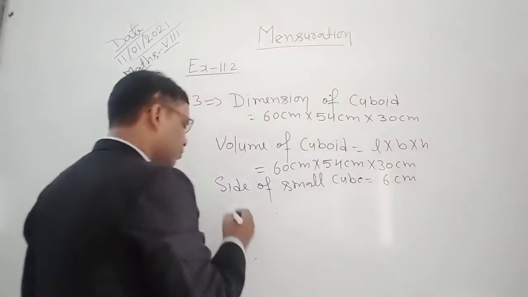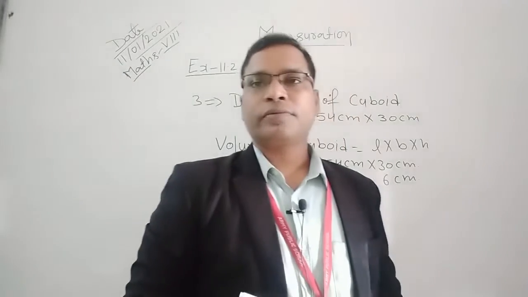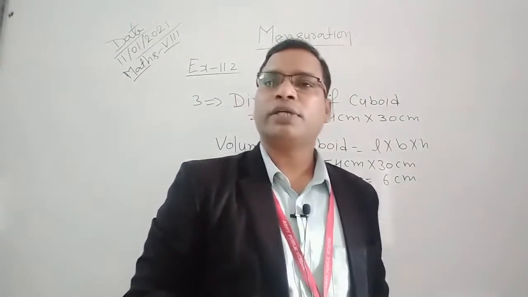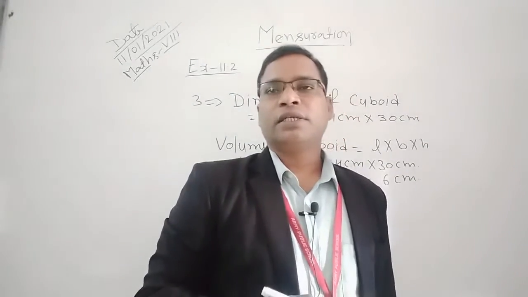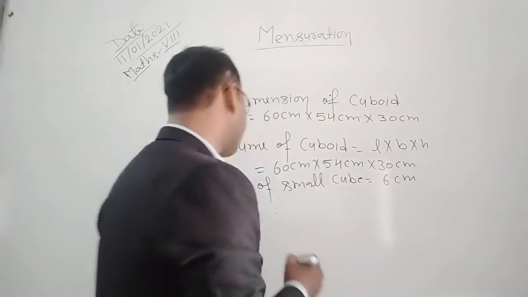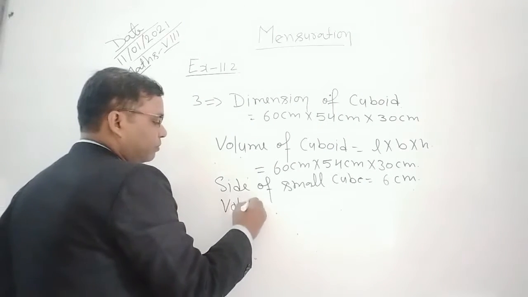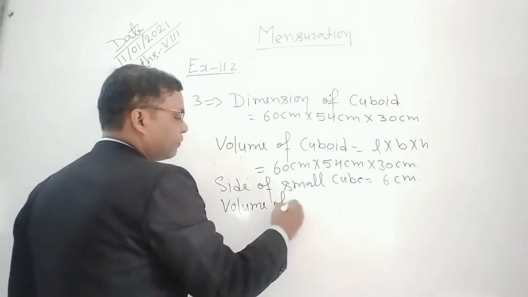Okay. So volume of cube is equal to what? Volume of cube is equal to side into side into side, or you can say side power 3. So here we find the volume of a small cube.